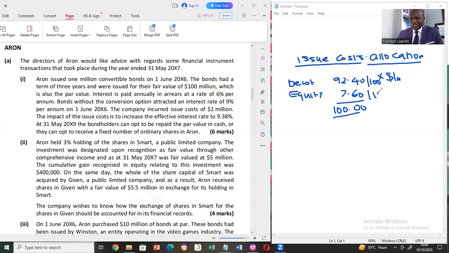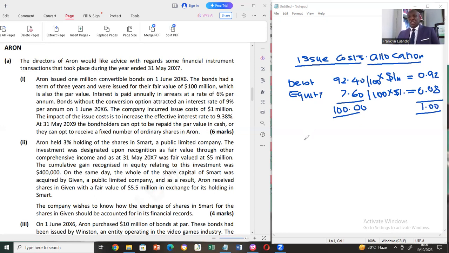So there it will be 0.92, there it will be 0.08, and this will be equal to 1 million.